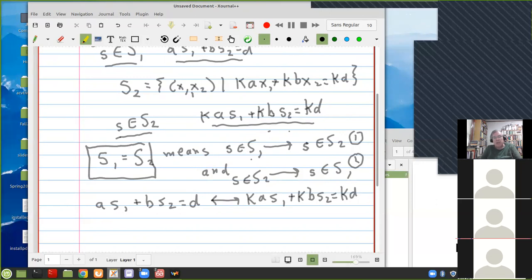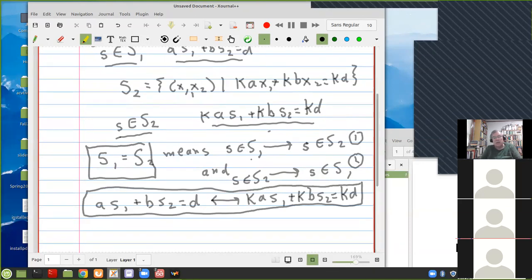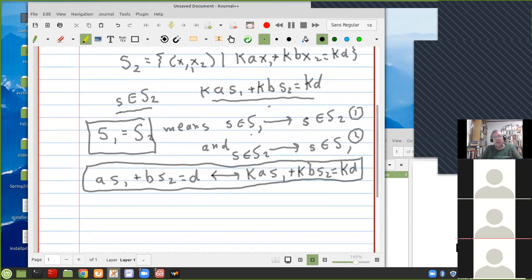What they mean is these equalities here. So this final logical equivalence, which we'd like to know, is this true or not? If this is true, then the solution sets are the same because the defining properties of the two sets are the same. That is the take-home message of this little talk, so to speak.